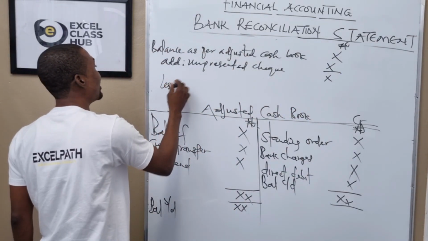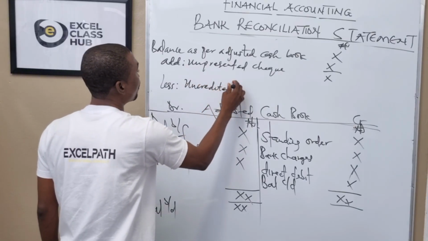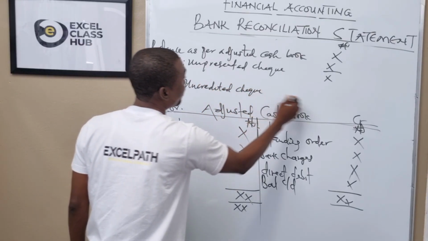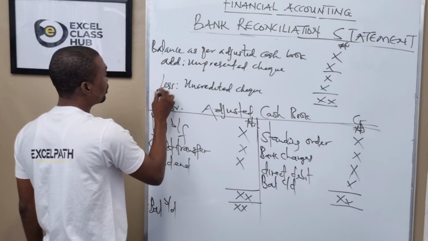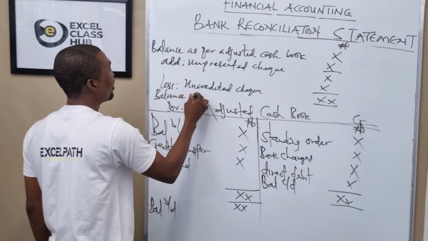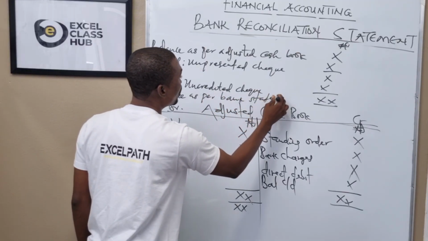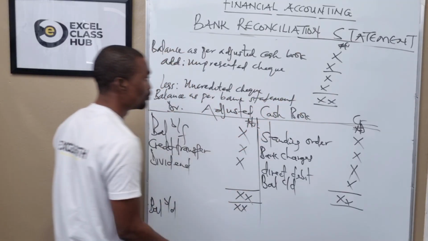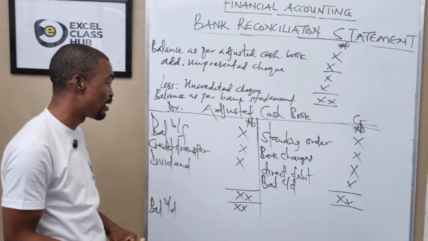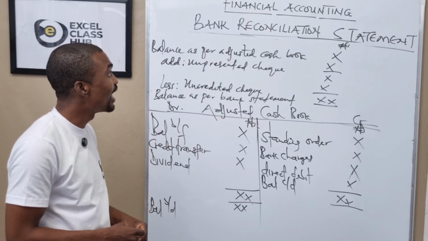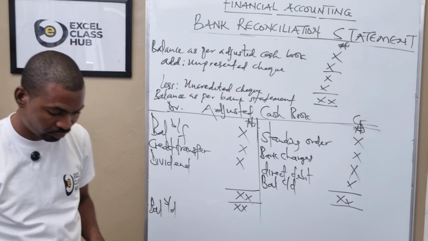Then you now subtract, less uncredited check. I've also explained what uncredited check is. So the total here is your balance as per bank statement. So after you have adjusted your cash book, the next thing, the total balance will now be your balance as per bank statement. All right, so we are going to be solving some few questions now.